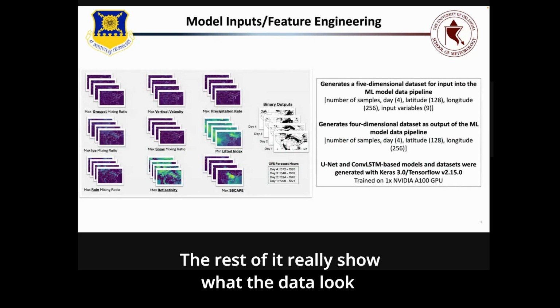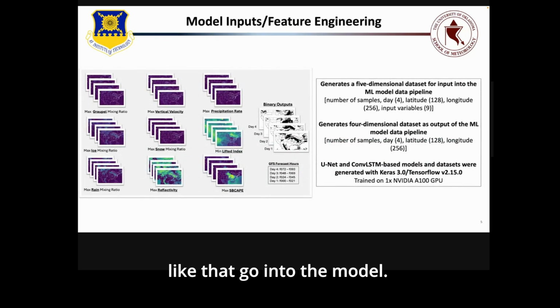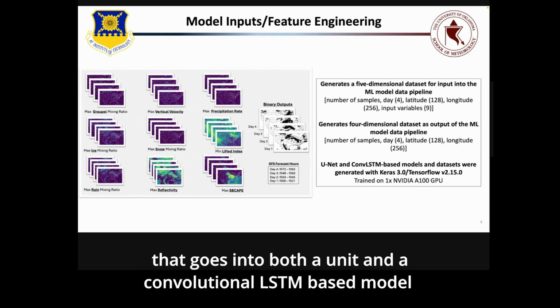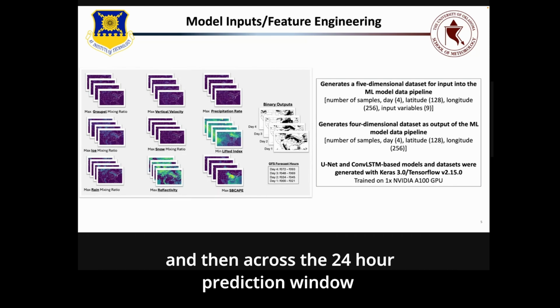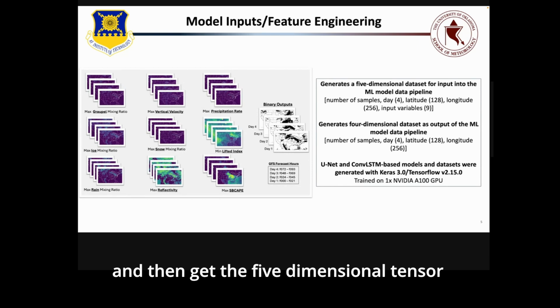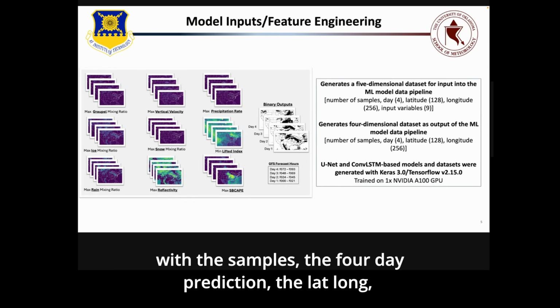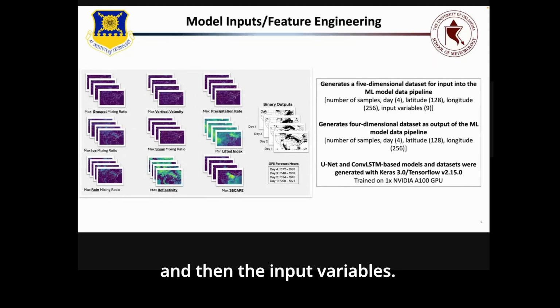Just to visually show what the data look like that go into the model, we have a 5-dimensional tensor that goes into both a U-Net and a convolutional LSTM based model. I'll show the architectures next. We take the maximum in the column and then across the 24-hour prediction window, and then get the 5-dimensional tensor with the samples, the 4-day prediction, the lat long, and then the input variables.